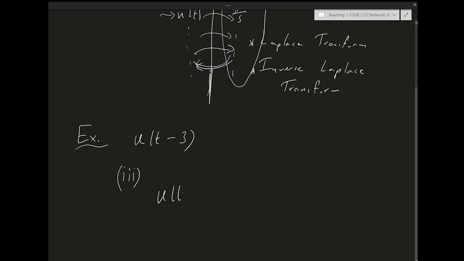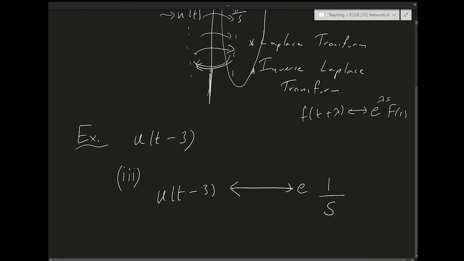So u of t minus 3 transforms to the same as u of t, but multiplied by e to the something. Remember, if I have f of t plus lambda, that transforms to e to the lambda s times F of s.